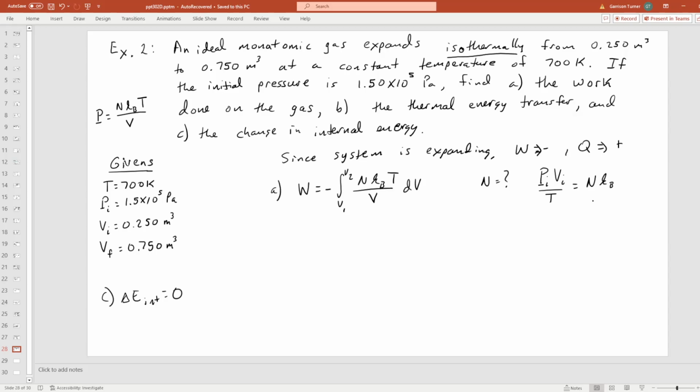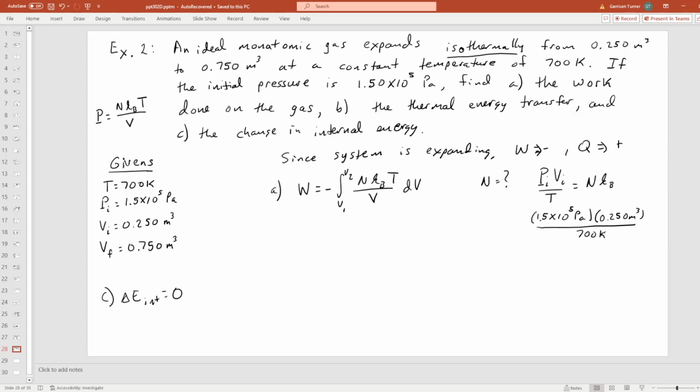So plugging in these numbers, we know that Pi is 1.5 times 10 to the fifth pascals times 0.25 cubic meters divided by our temperature of 700 Kelvin, right?